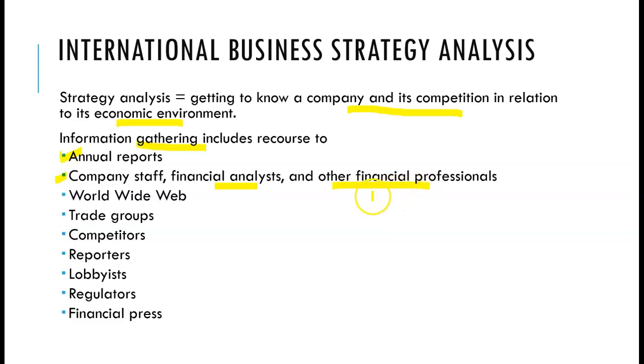The use of additional information sources such as the World Wide Web, trade groups, competitors, reporters, lobbyists, regulators, and the financial press is, of course, becoming more common right now.